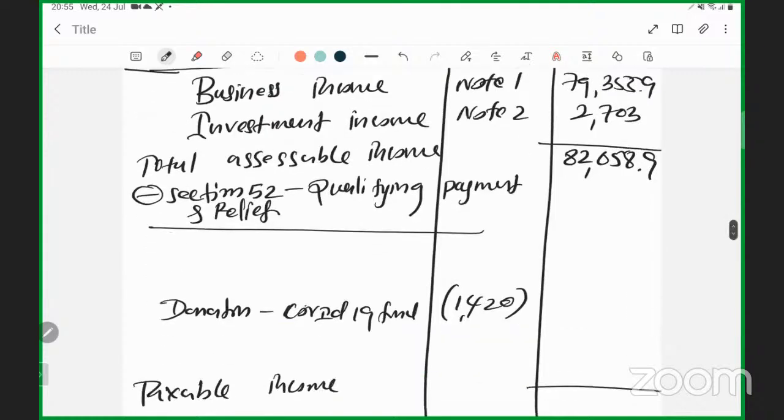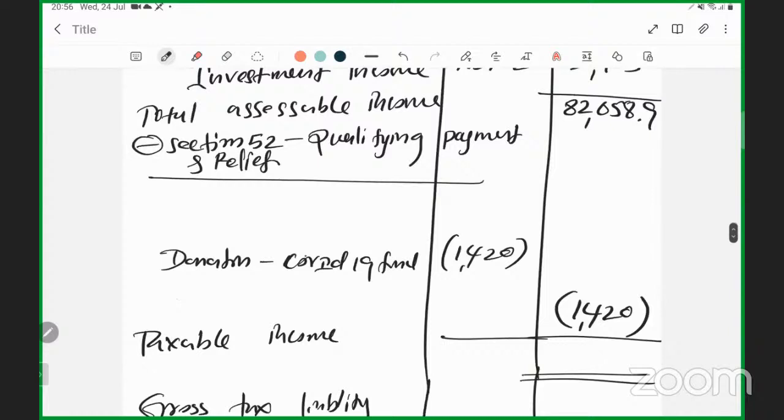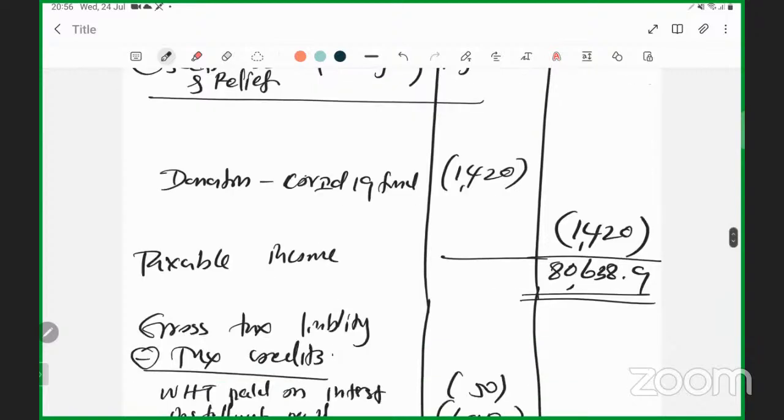So only one qualifying payment is available. You cannot take the 1.2 million relief for other than individuals, right? That is only applicable to individuals. So there is no such deduction here. 80,638.9. Any mistake? Right, no, right. So in this case, that is the total taxable income.